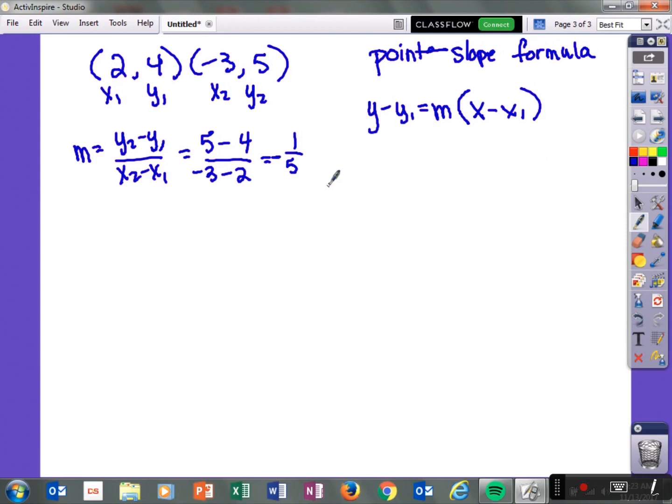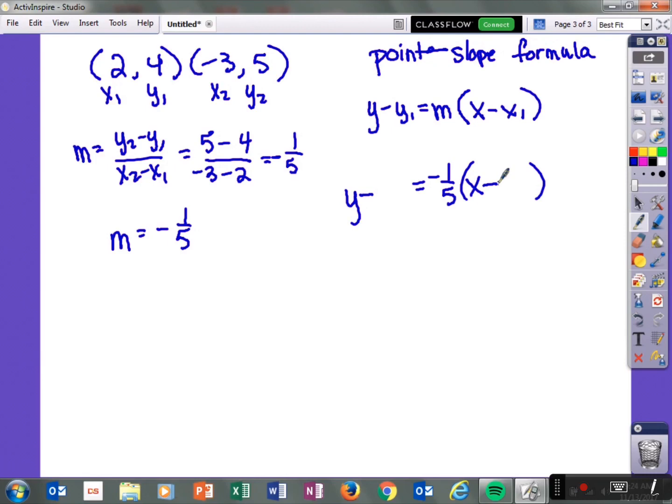So our slope is negative 1 over 5, right? So I can plug that part in. Okay, remember we're not plugging anything in for y and x, are we? So I'll leave that x, leave that y. So I need a minus and a minus here.